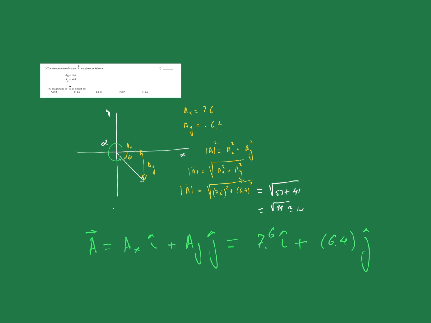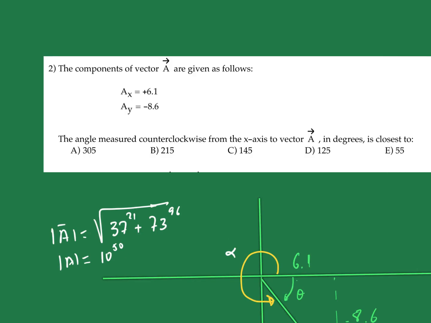So I will erase here, and I will write like this. And this is the vector 7.6 in the I direction, minus 6.4 in the j direction. Now we go to the second question. Please read carefully and think about it, try to solve it, and come back.